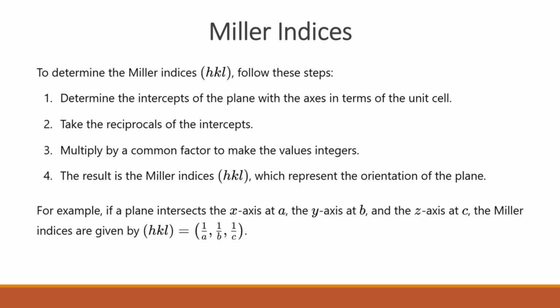It's like creating a map of the crystal's internal landscape. Scientists use Miller indices to precisely identify and describe different planes within a crystal structure. Think of Miller indices as the GPS coordinates for crystal planes. They help us pinpoint exactly where and how a particular plane is oriented in the crystal's three-dimensional space.